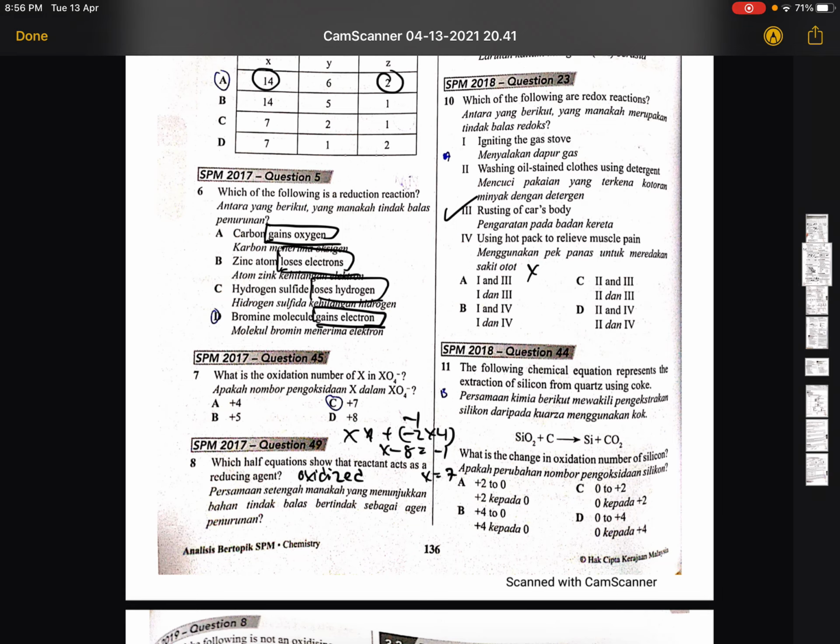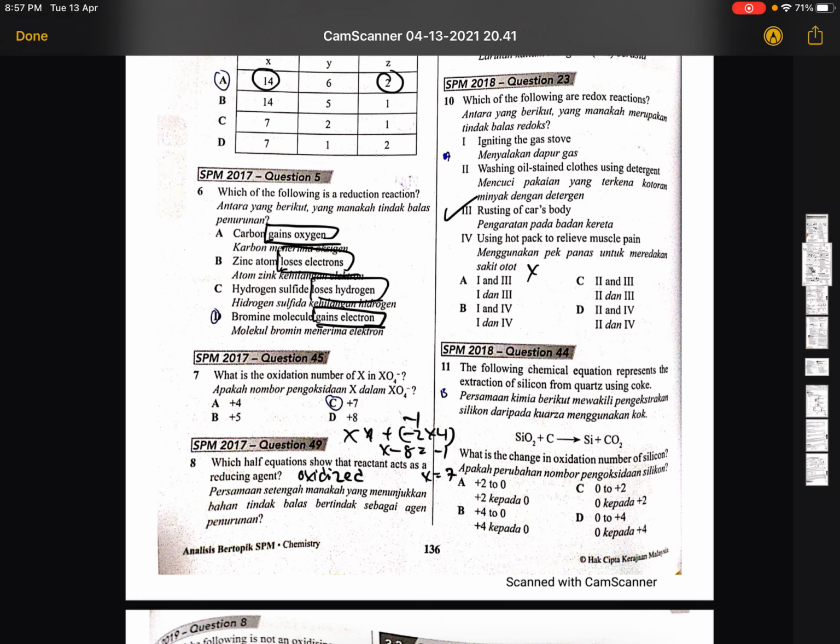Igniting the gas stove. If you don't know what they will do, I will go with the more reasonable one. Since you're igniting the gas stove, there's definitely going to be a chemical reaction, so I will answer 1. I'm going to Google whether igniting a gas stove is redox. Okay, no wonder.